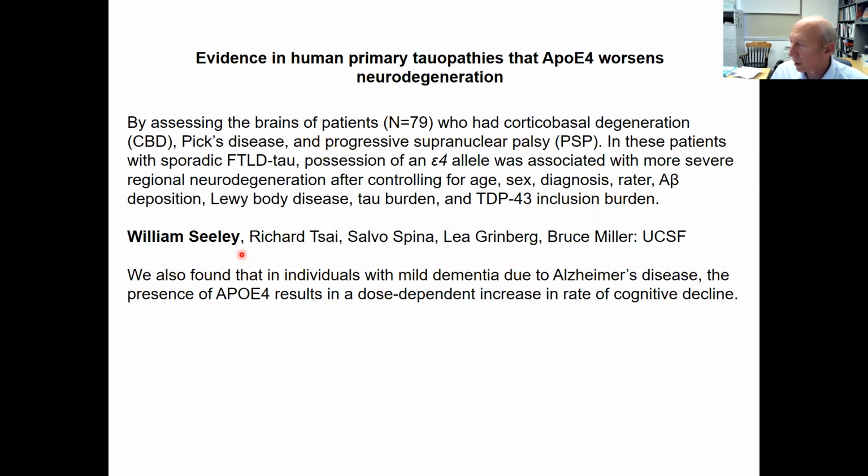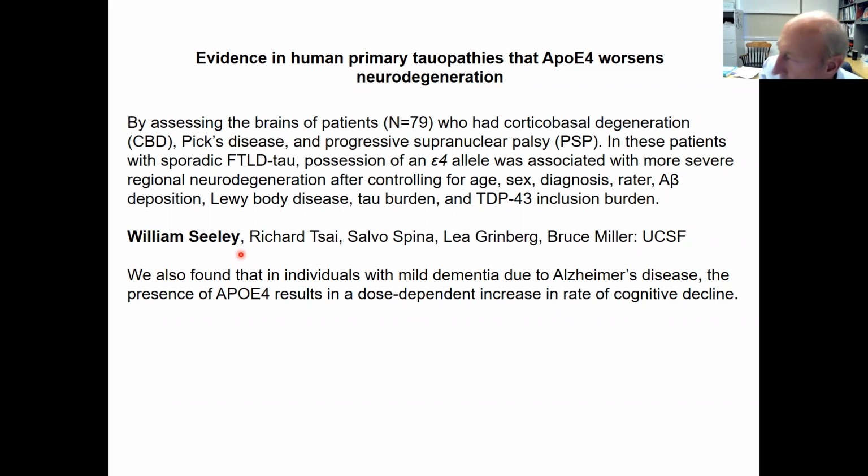We also, in response to one of the reviewers' questions for this paper, were asked, because the model we were using is a model of primary tauopathy, not an AD tau mutation, is there any evidence that APOE genotype is linked with disease risk or progression in primary tauopathies?